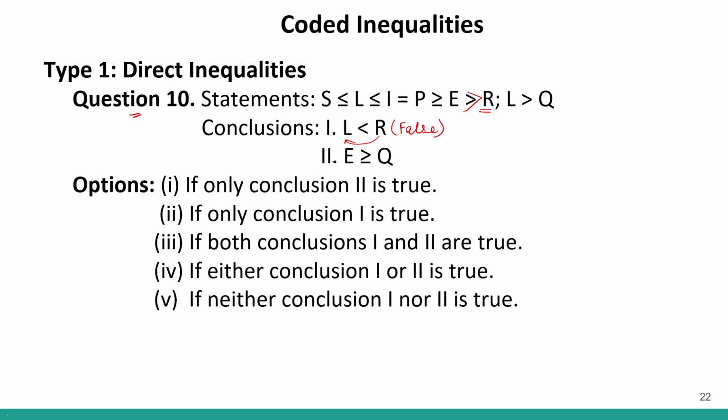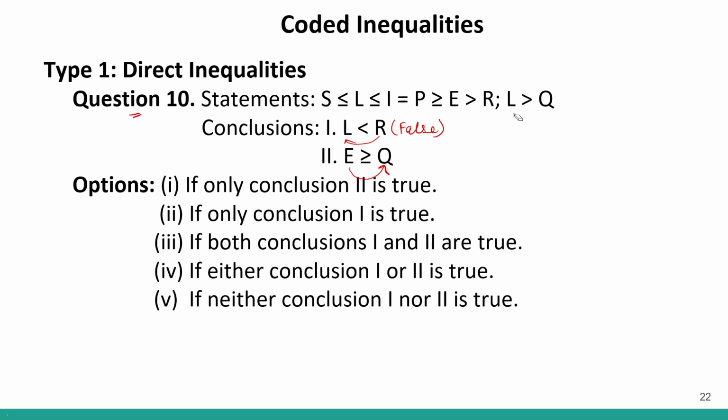Now I see conclusion 2, E is greater than or equal to Q. So I will move from E to Q, correct? Over here, if I move from E to Q, I can see the relationship of Q is only with L. So I have to find the relationship between E and L. But I cannot move further in this direction because we have a smaller door.